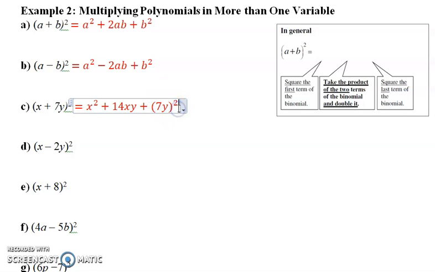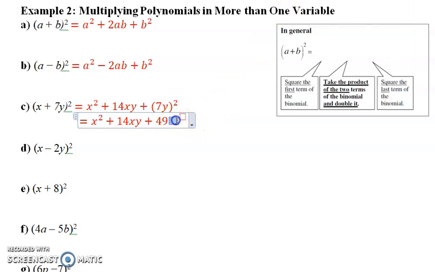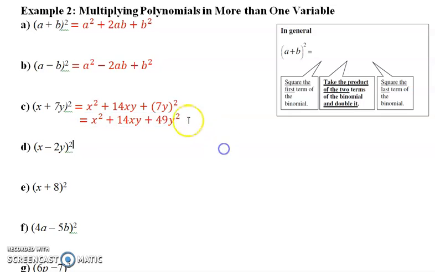When it's (7y) squared, just remember that the 7 squared becomes 49 and the y squared becomes y squared. So it becomes 49y squared. You have to square the coefficient and square the variable. Just be mindful of that when you're doing the next one.